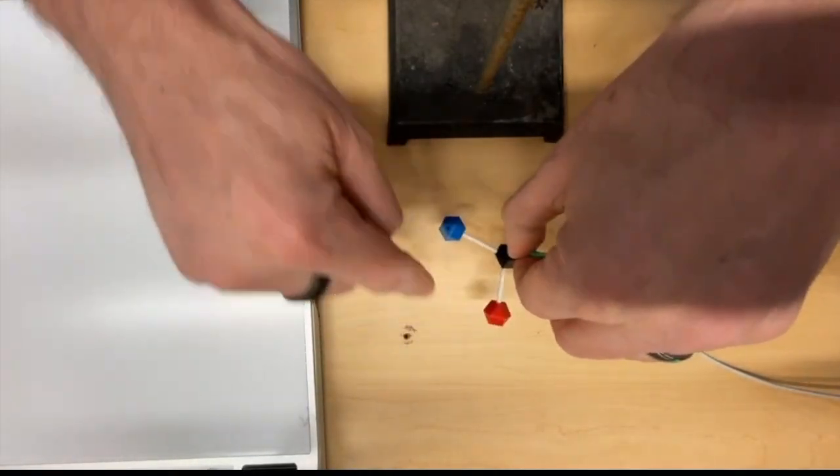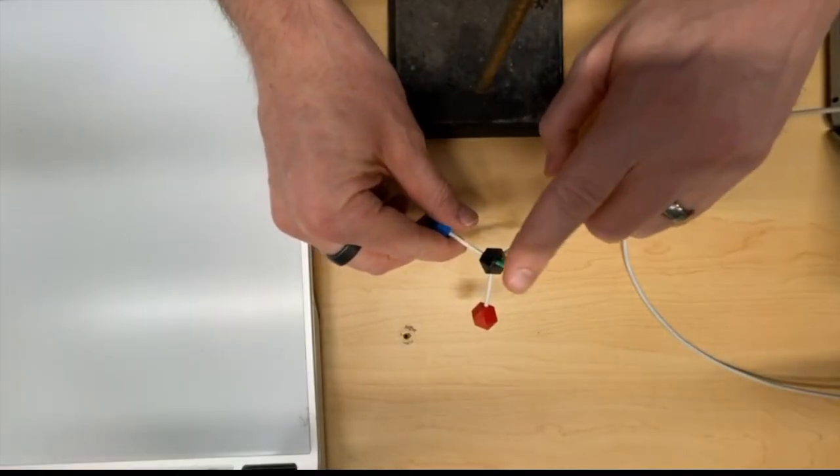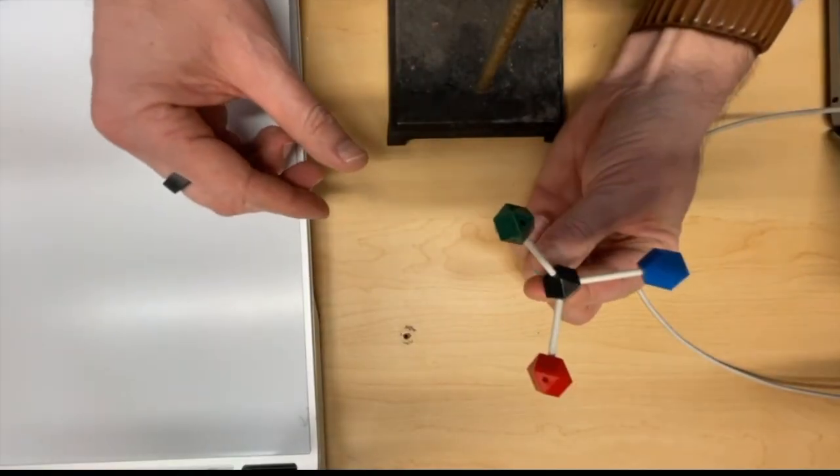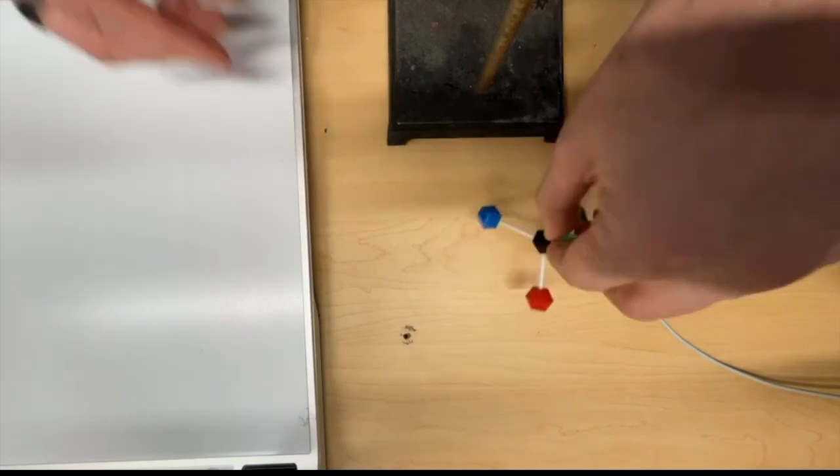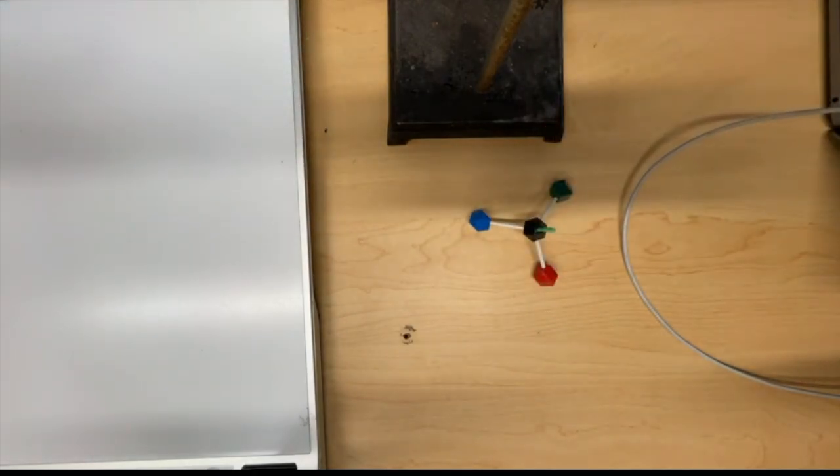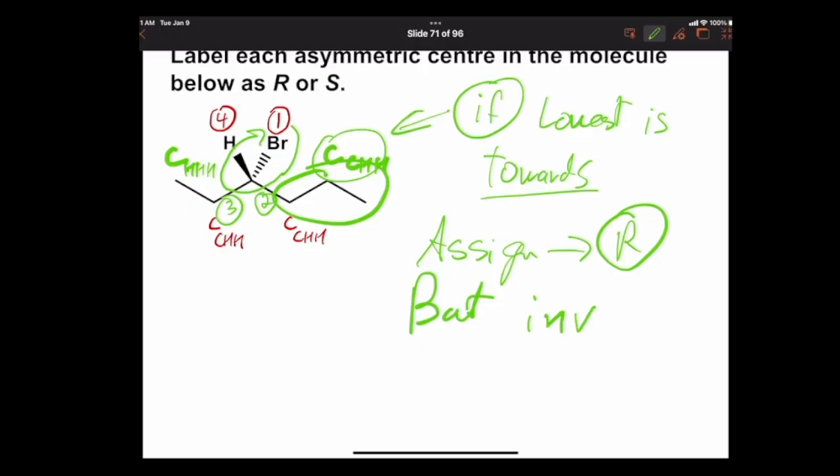What used to look like an R center while the lowest is towards you is actually an S center. So for these ones, if lowest is towards you, you can assign it. So in this case, it looks like it's to the right, looks like it's R. But, oh, sorry. Invert it. It's an S.